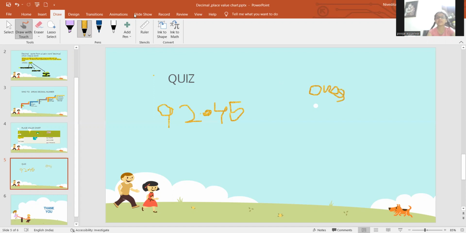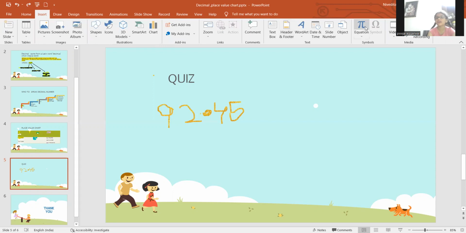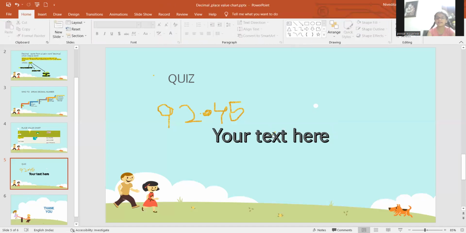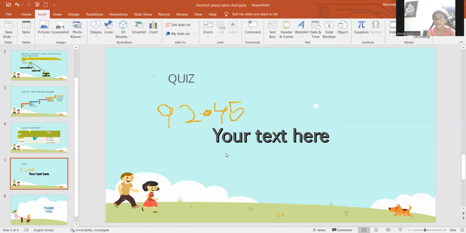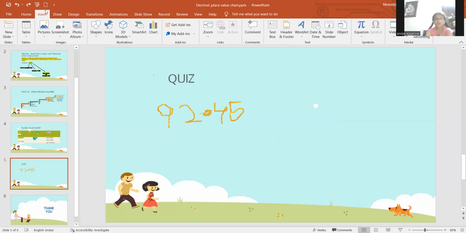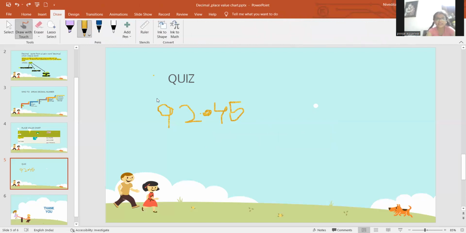At which place? 9 is at which place? 9 is at one's place here. So we will just write over here. It is at one's place.